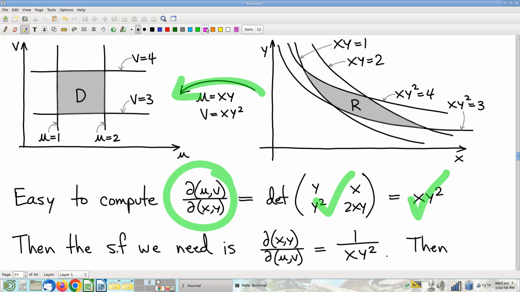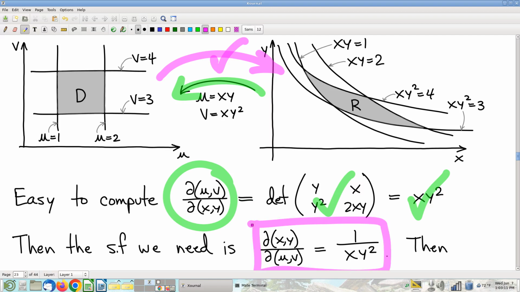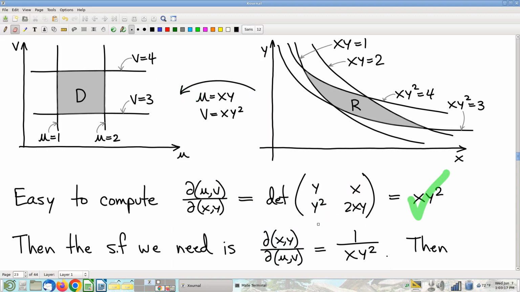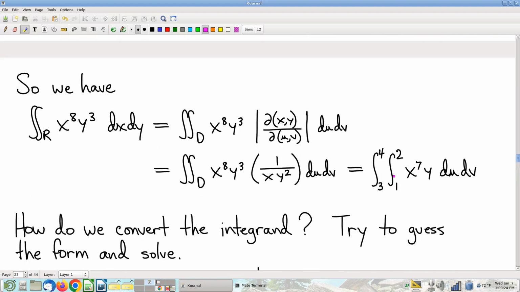The one that I want, the stretching factor for the correctly directed change of variables function that I can't write down, that I have not written down algebraically, just the reciprocal of that. Okay. All right. So, very nice.